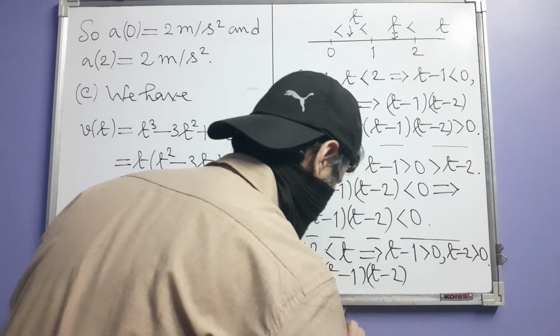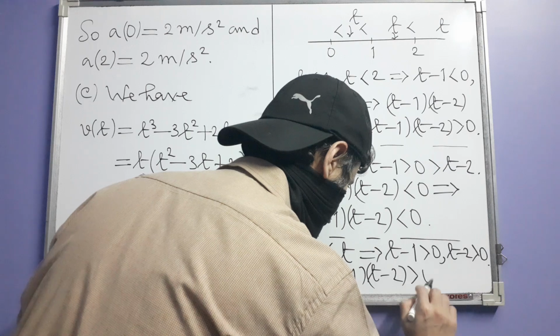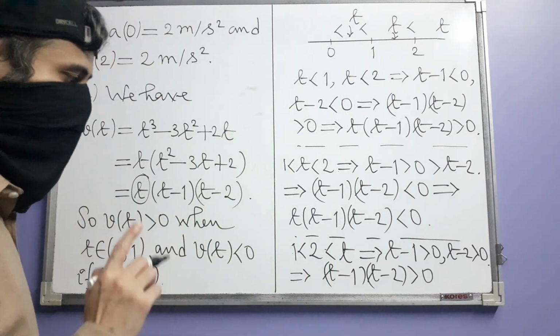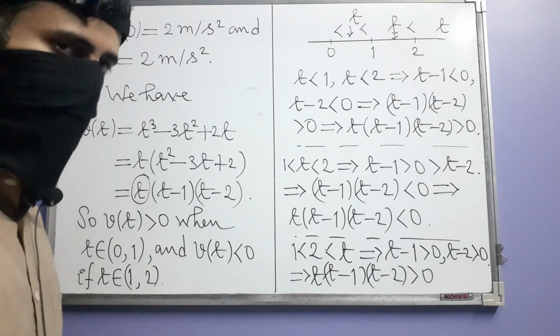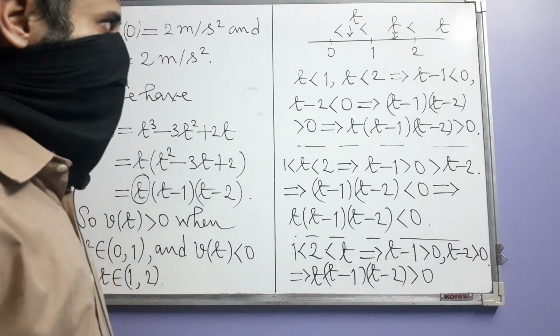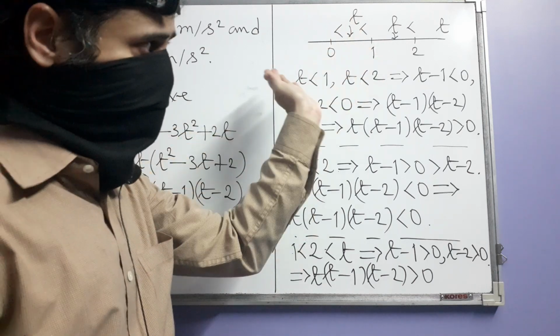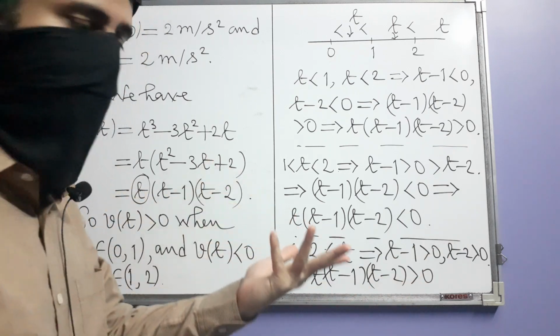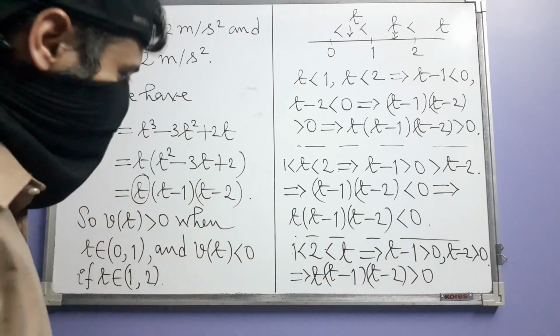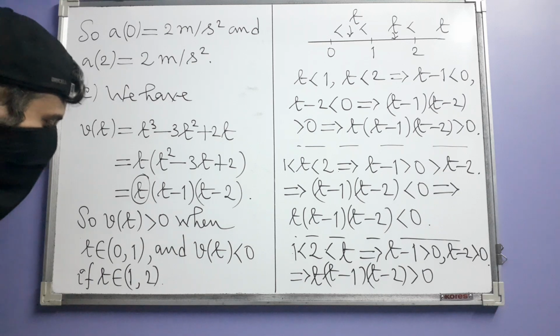Multiplying two positive real numbers, you get a positive real number, and again if you multiply that by another positive real number, still the positivity will remain. So beyond t equal to 2 second, the velocity again becomes positive and continues to be positive.